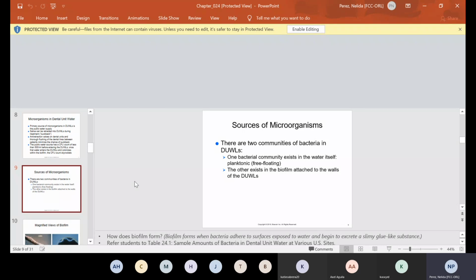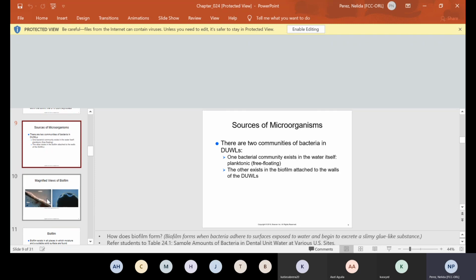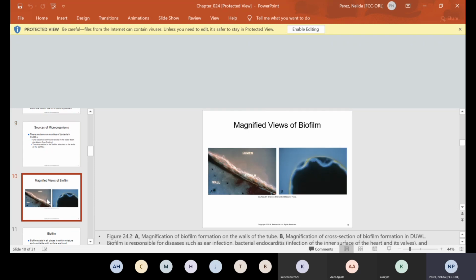One bacterial community exists in the water itself. It's called planktonic, free-floating, and the other exists in the biofilm attached to the walls of the DUWLs. Now, if we had biofilm in our tubing and we did a microscopic magnification of it, it would look like this. It's pretty gross.